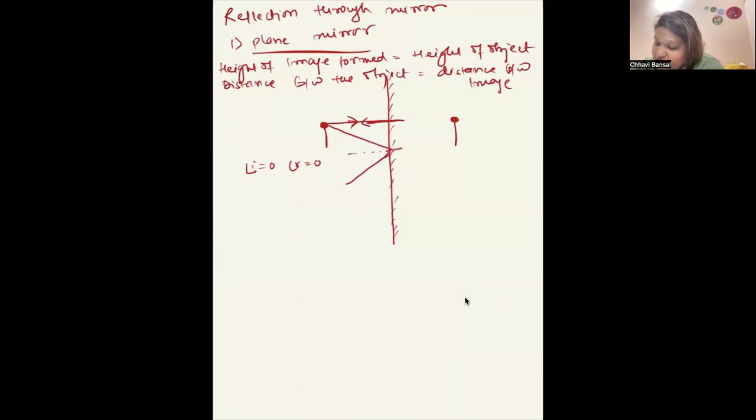Now, if I extend this, this is how the reflection is going to take place from the plane mirror. First, the straight line going from the tip of the object will be retraced back, right? And the other incident ray falling on the mirror will get reflected by the same angle. Angle i equals angle r, right?